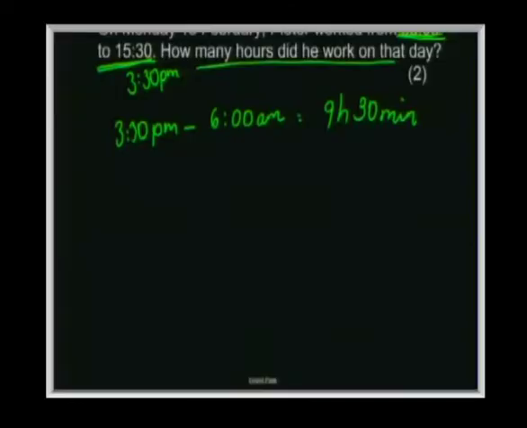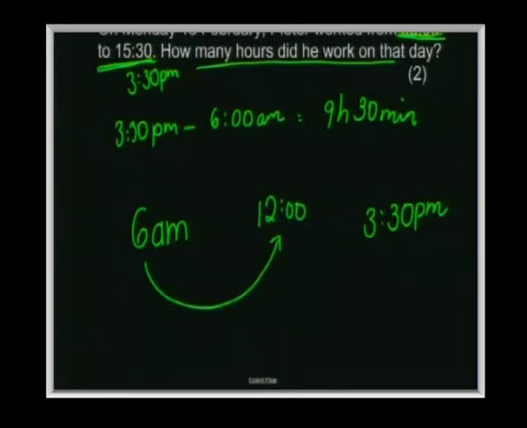But some of you might be asking, what if I don't have one of those fancy calculators? How am I going to do it? Well, let's have a look. I'm going from 6 a.m. in the morning, and I'm going to 3:30 p.m. in the afternoon. What I need to do is I need to work out maybe what it is until 12 o'clock in the afternoon. So if I go from 6 o'clock in the morning to 12, 12 minus 6 is 6 hours.